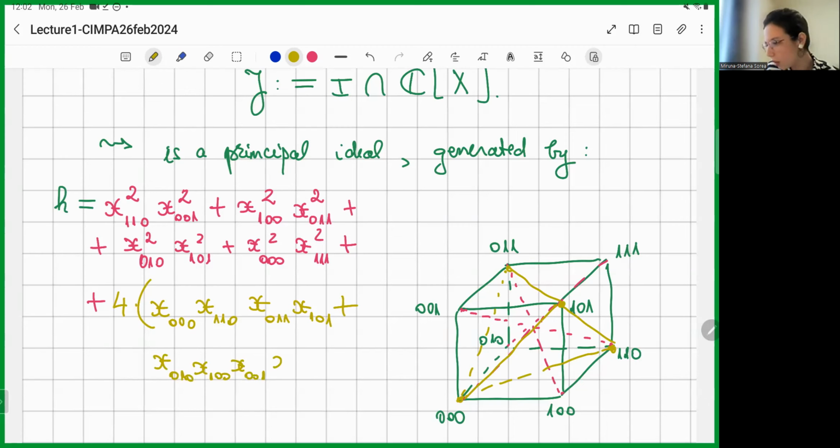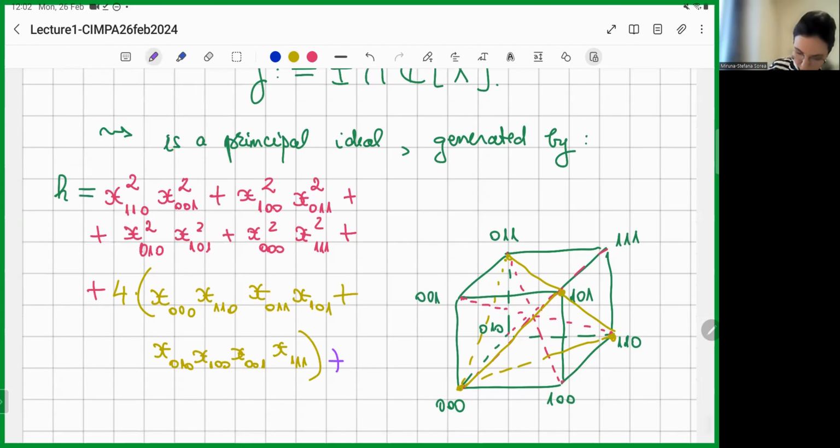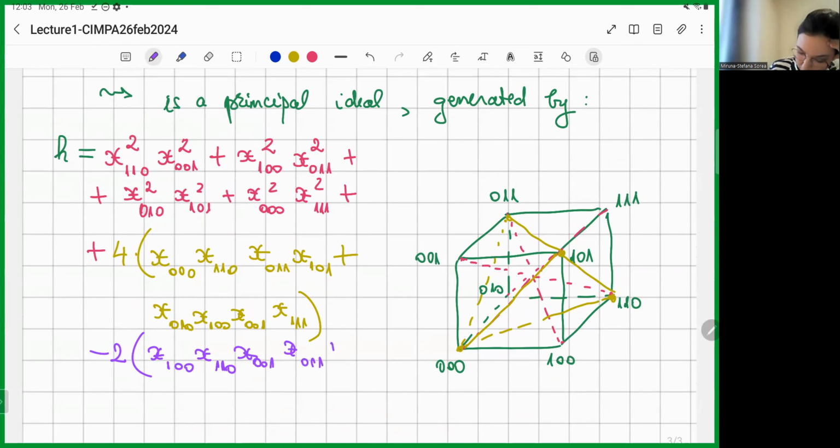Maybe I will not write all the terms, but I want to mention the last type of terms we have here. Sorry, this is minus 2 times. And here we have rectangles slicing the cube. So I'll write just x100 x110 x001 x011, plus, and so on.